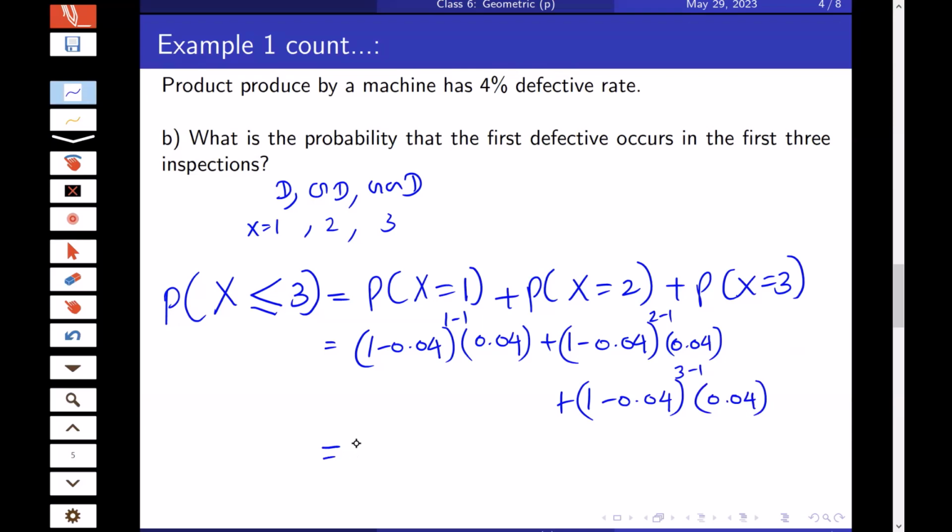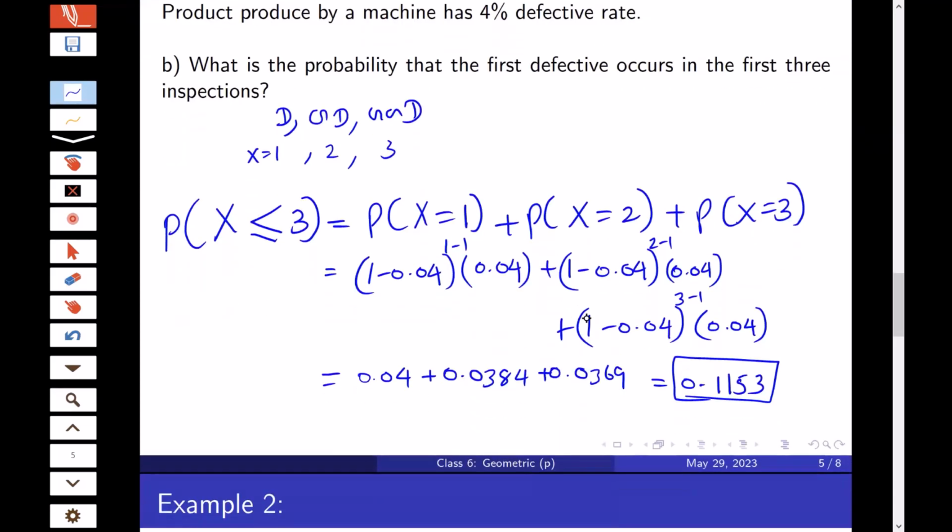So use your calculator and find this answer. Please practice using your calculator as well. So here you will get 0.04 plus 0.0384 plus 0.0369, which is 0.1153. Okay, so that's the final answer to 4 decimal places.